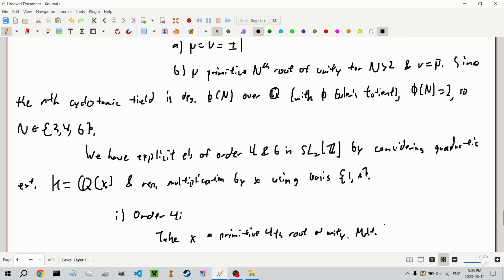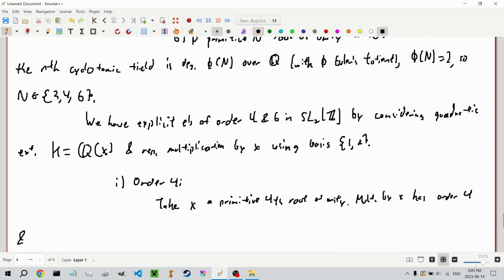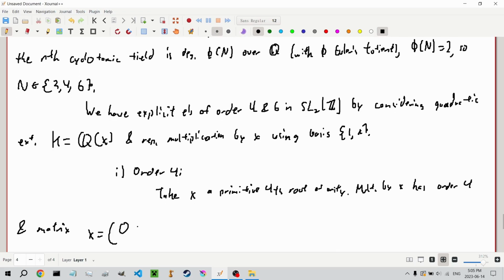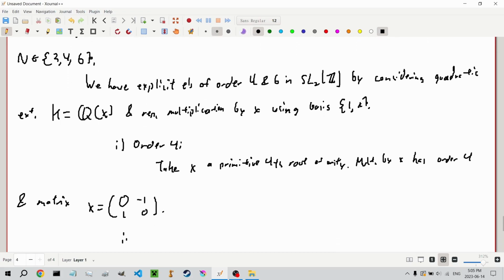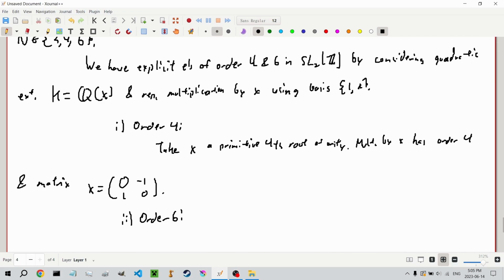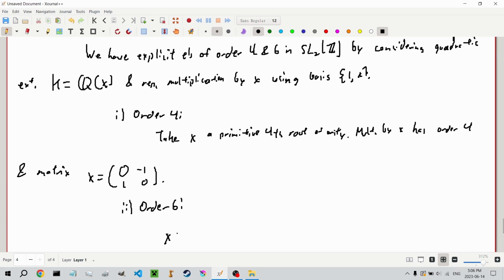Then multiplication by X has order 4 and matrix being 0, -1, 1, 0. And order 6 is the same case, taking X to be a sixth root of unity and having multiplication order 6. In this case, we have X being 0, -1, 1, 1.